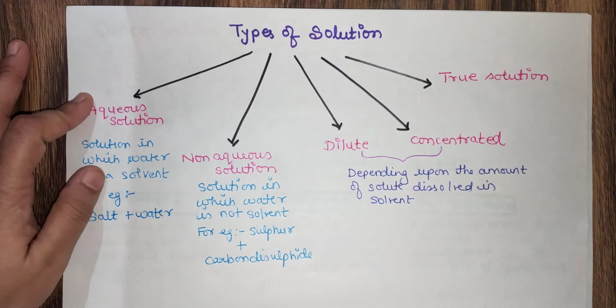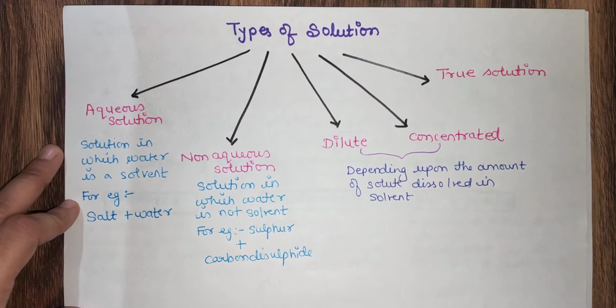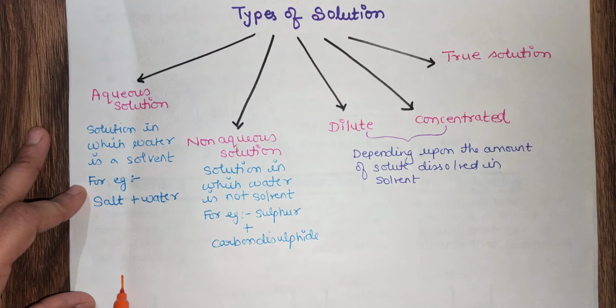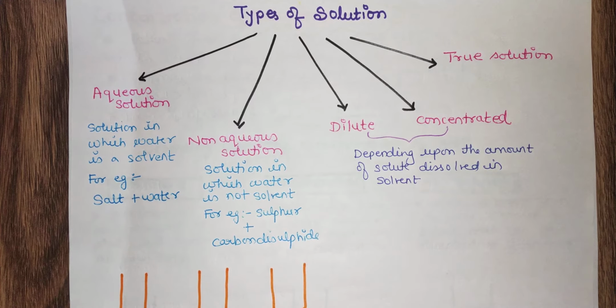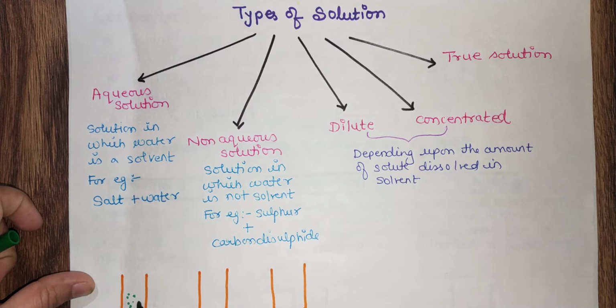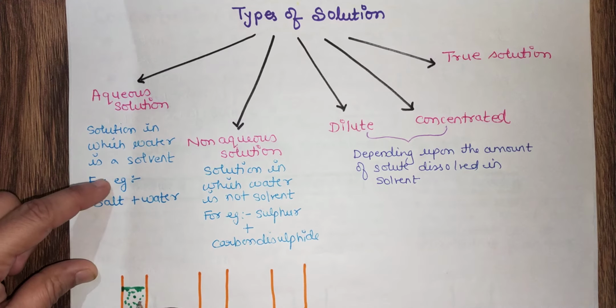That means if you take a beaker, suppose you take 3 beakers, and we add acid in it, so the amount of acid is maximum here.